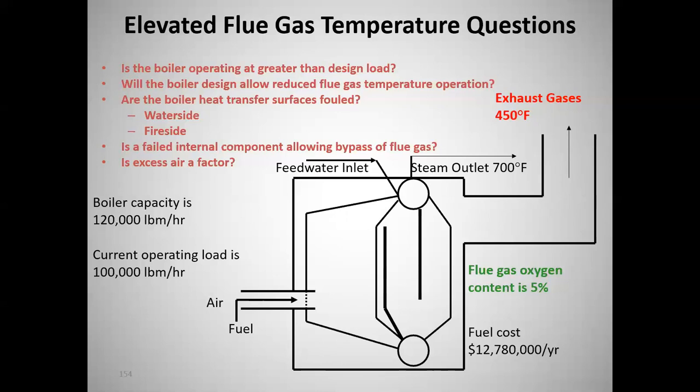So is that a factor? You've got to work through all of that before you start proposing adding additional heat recovery equipment. Because you don't want to tell them to spend $500,000 and then it turns out the thing was just dirty. You don't get a lot of repeat business doing that. No, you don't.